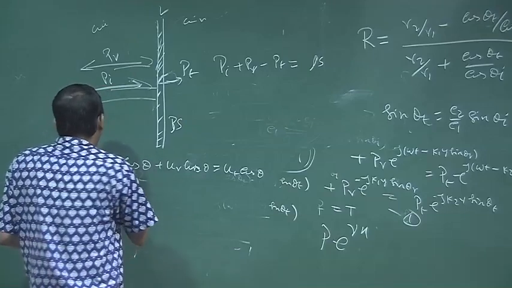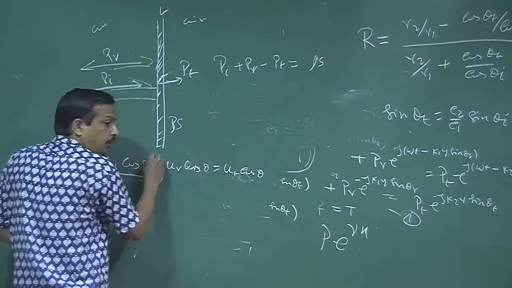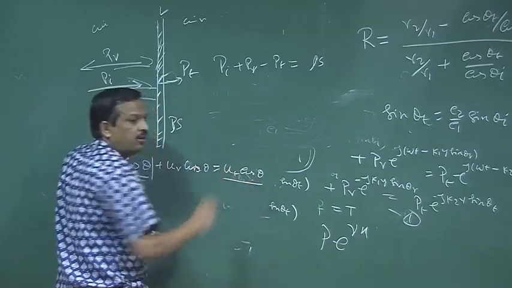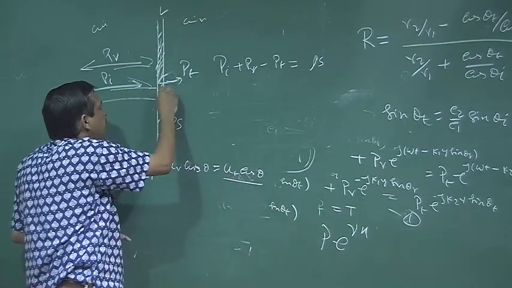The velocity of the transmitted wave is ut cos theta.